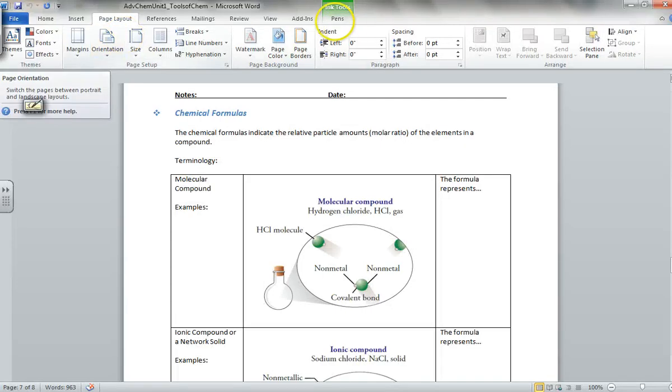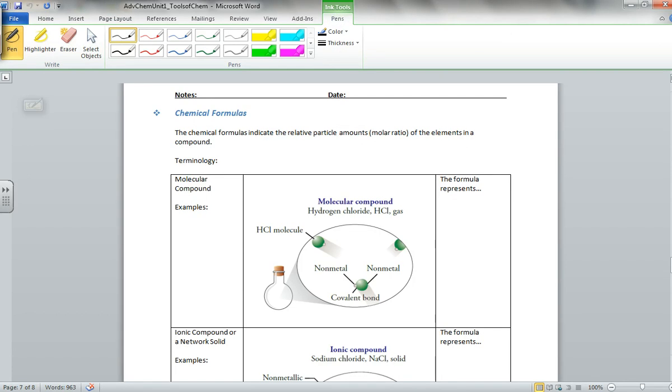Before we get into any problems, we want to spend some time working on some of the terminology that we're going to use. A chemical formula is going to indicate the relative number of particles in a compound. It's going to tell us the ratio of these particles, something that we often refer to as the molar ratio.